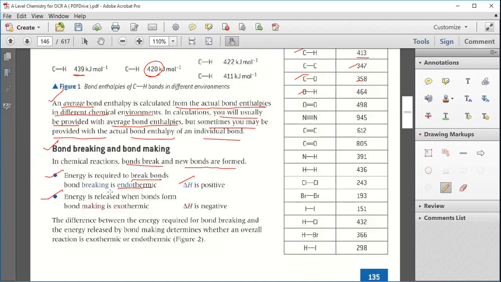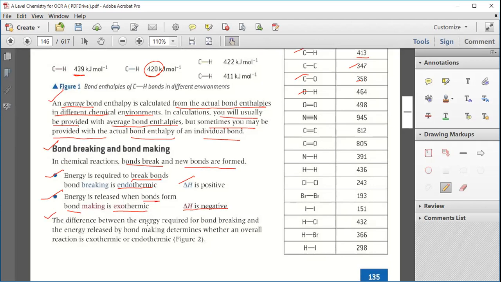Now, energy is released when bonds form. Whenever there is a bond formation, energy is released. It means it is exothermic, which means delta H is negative. So delta H is positive in case of breaking, and delta H is negative in case of formation of a bond.